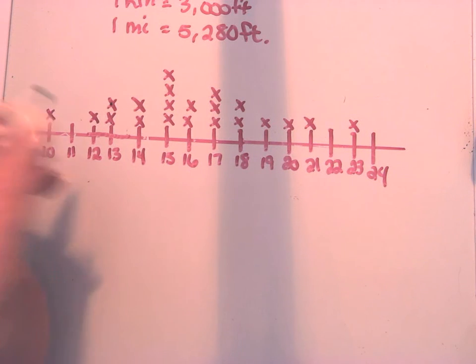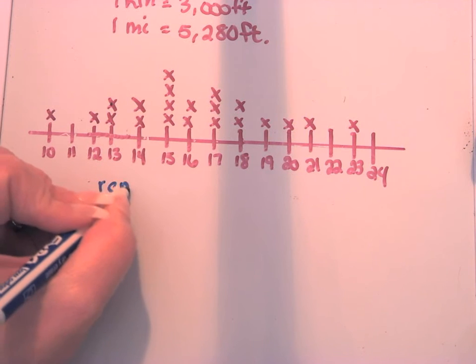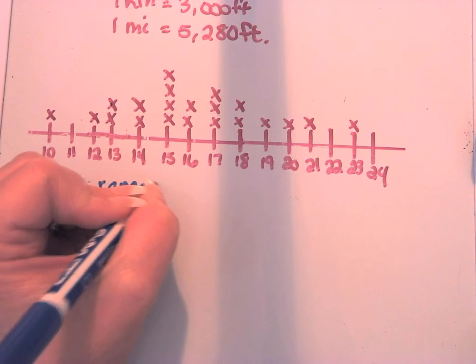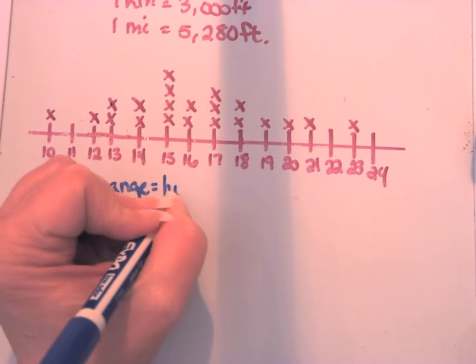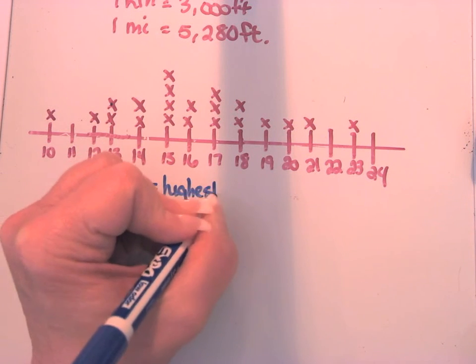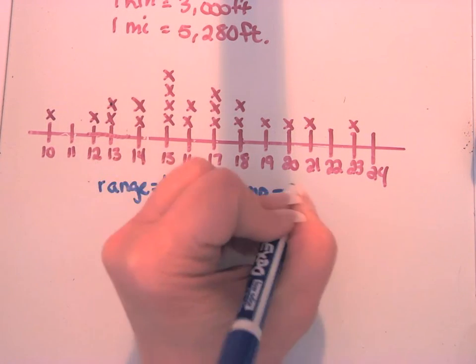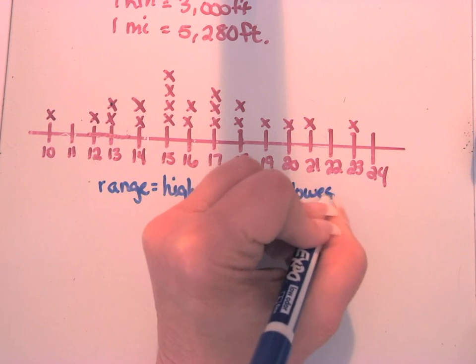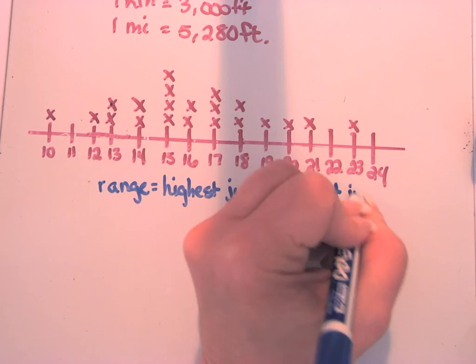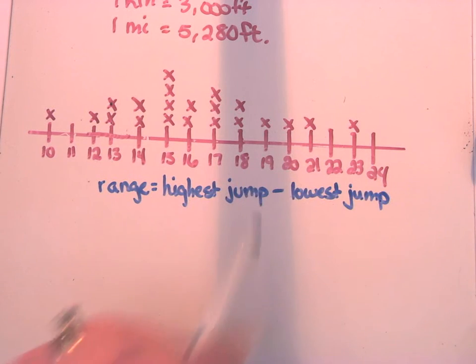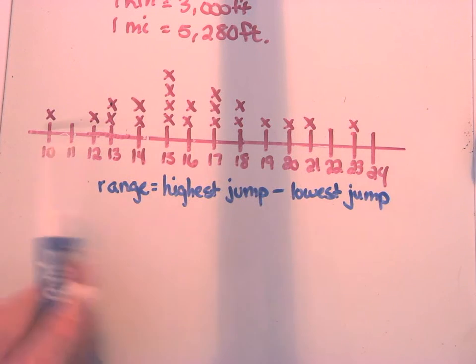So if I want to find my range, it is the highest jump minus the lowest jump. Now, careful on this, because it doesn't mean the highest number and the lowest number, but where we have an x.